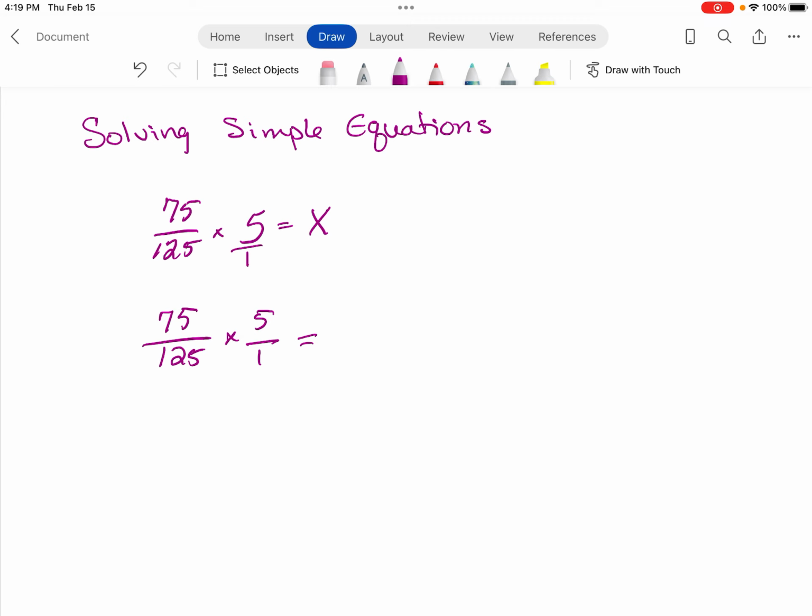So I'm going to multiply 75 times 5, and I get 375. And then 125 times 1 is 125. So then I take the 375, I divide it by 125, and I get 3. So x equals 3. It's fairly simple as long as you do not overthink it.